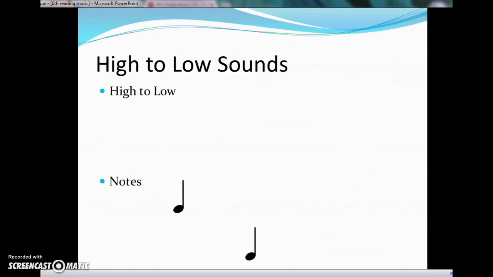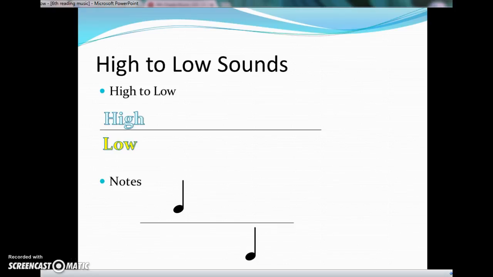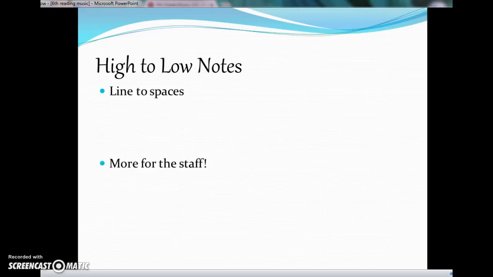So in our high and low sounds, we know that we started with that line, and we called them high and low sounds. Now we're calling them G and E. And so when we have notes in terms of that line, they go above and below the line. And when we look at high to low notes on the staff, we have to create spaces.